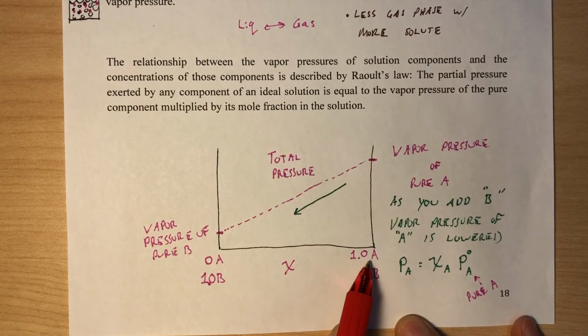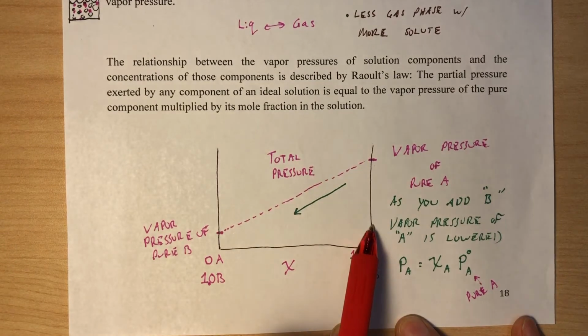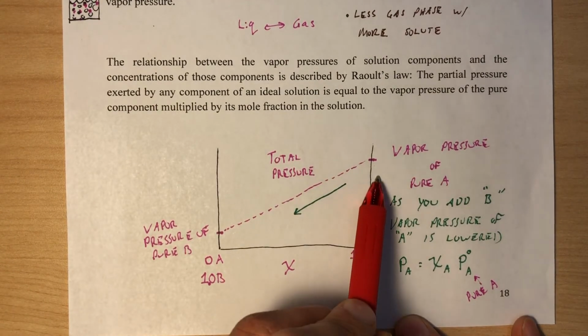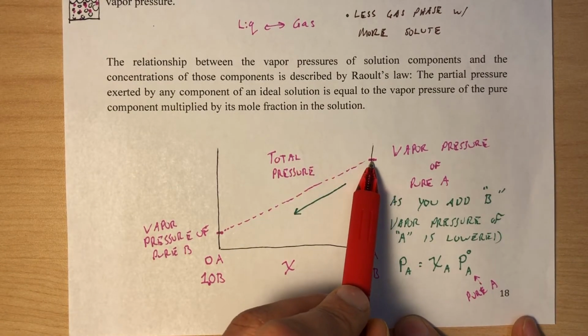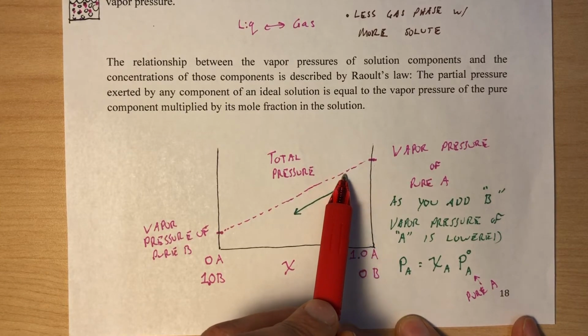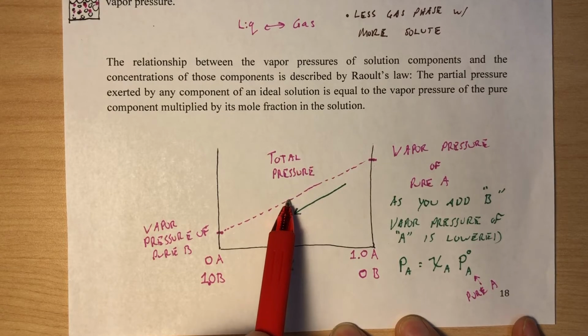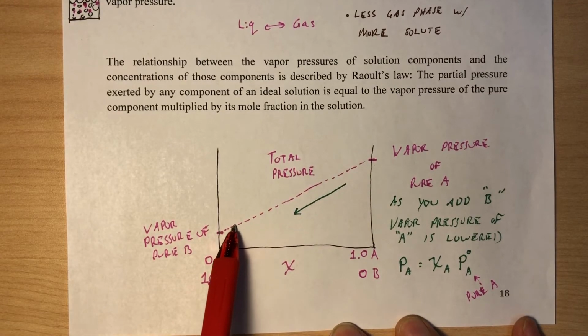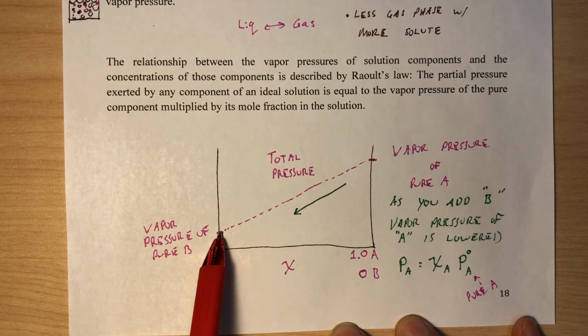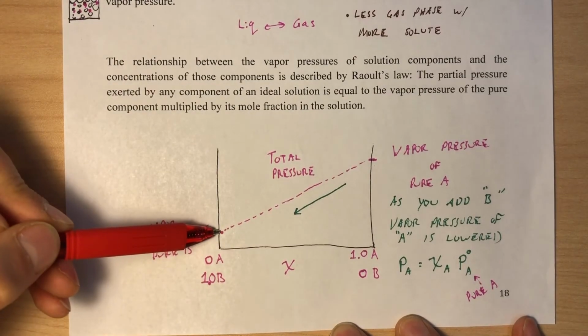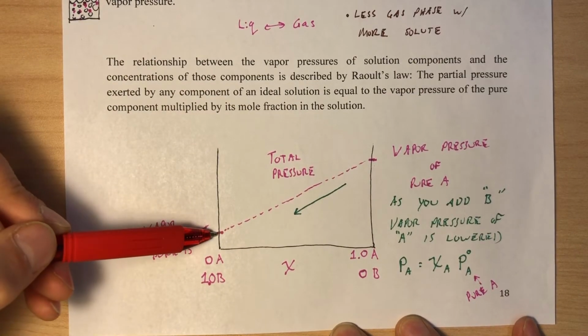On the right-hand side, you have 100% pure A and 0 of component B. So if you have the vapor pressure of A, shown on the right side, as you trickle in and start adding B, your vapor pressure starts lowering, and eventually you're half and half, and you keep adding more B, and you have run out of A and you're at 100% B, and you're at the vapor pressure of pure B.